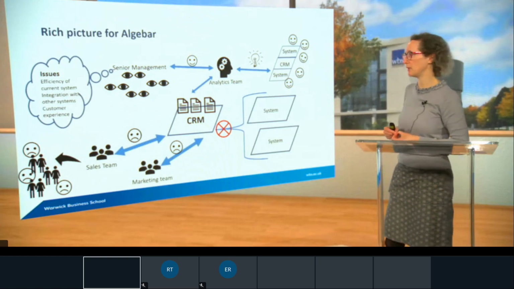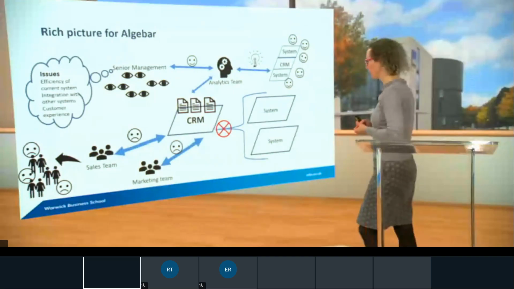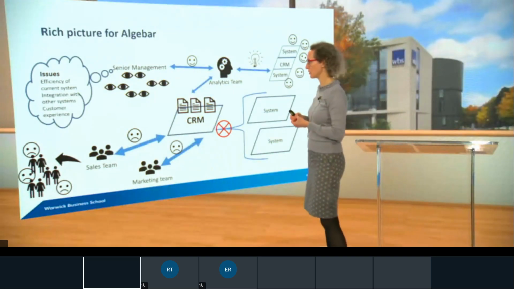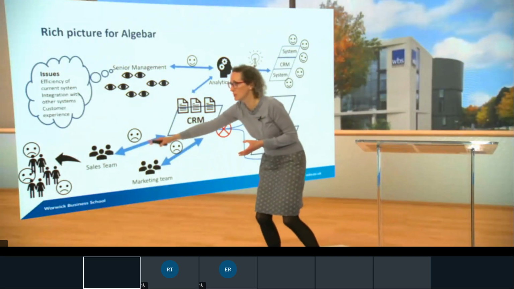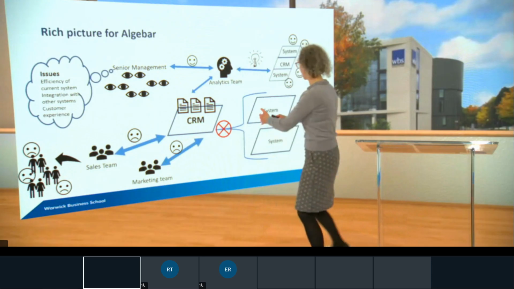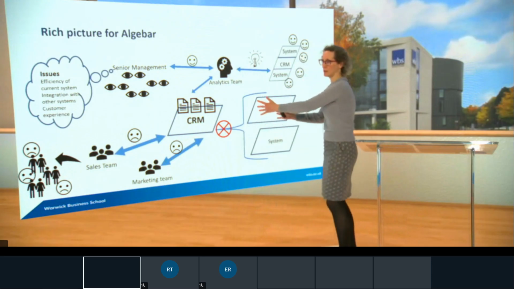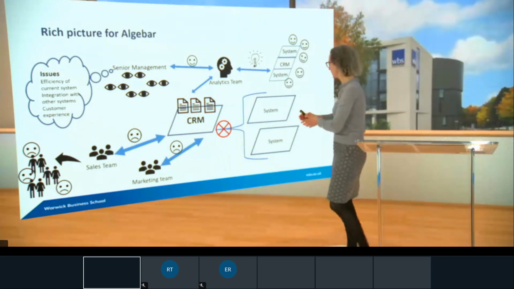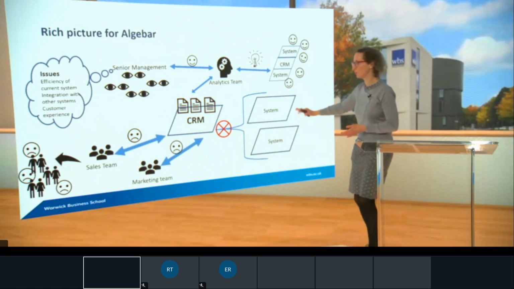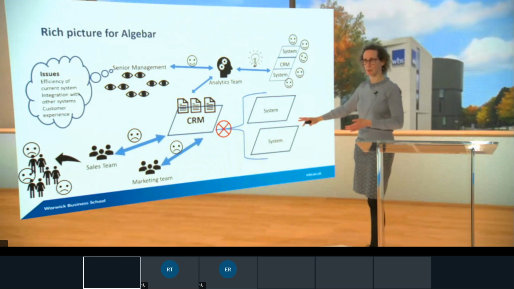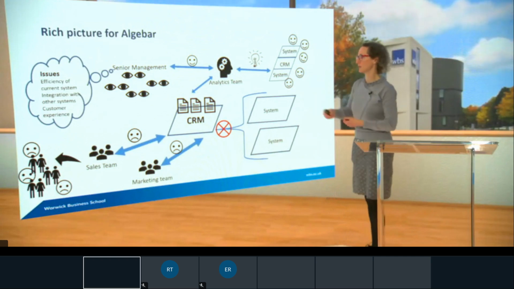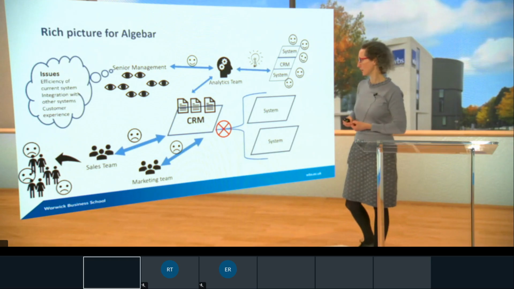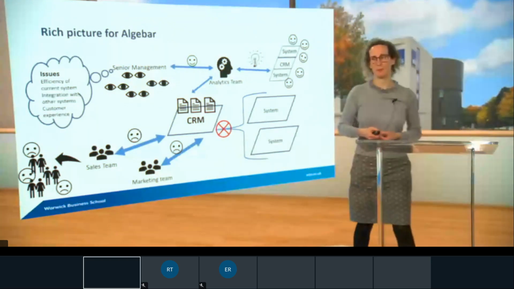So there might be a further iteration of this to really focus upon the experience of some of these people and exactly what is needing to be integrated. We don't at this stage know what these other two systems are doing, what they need to interact effectively with the CRM.